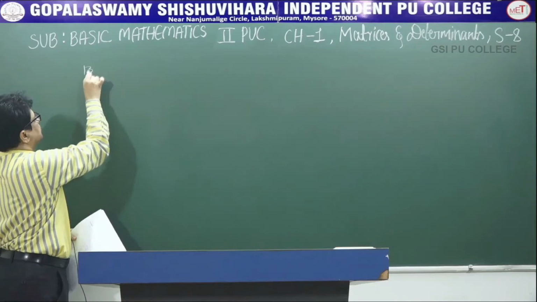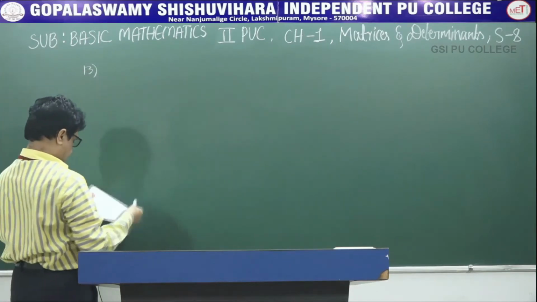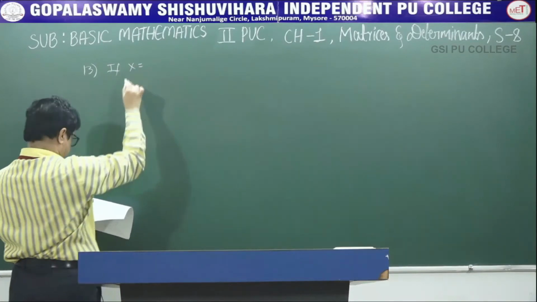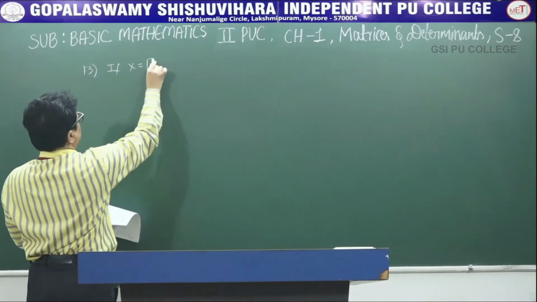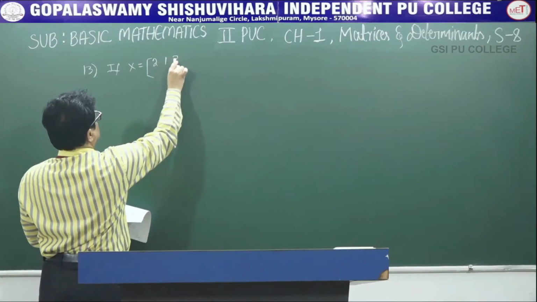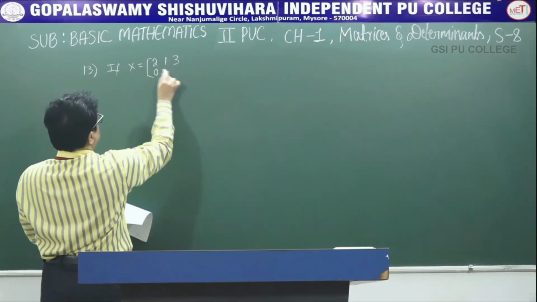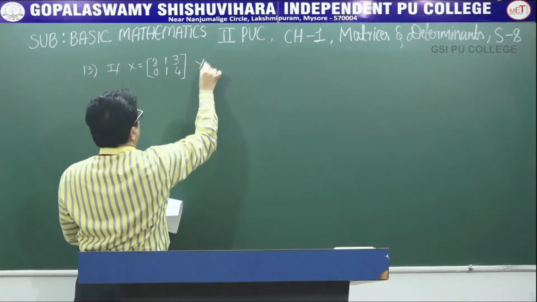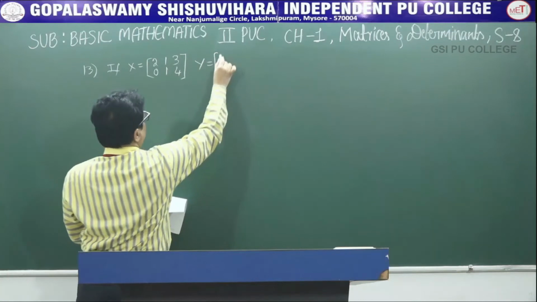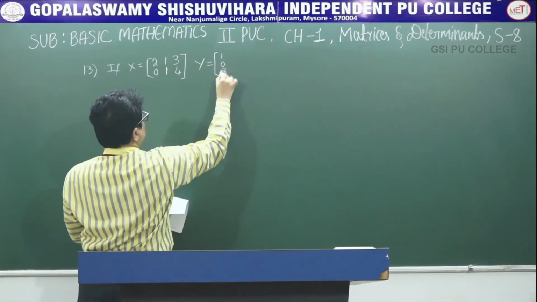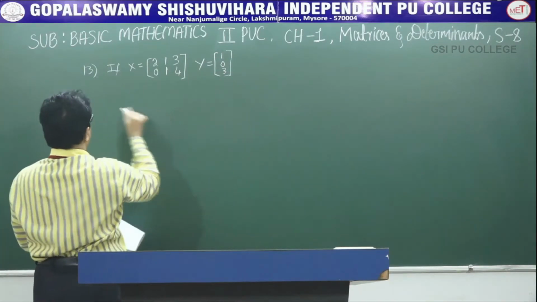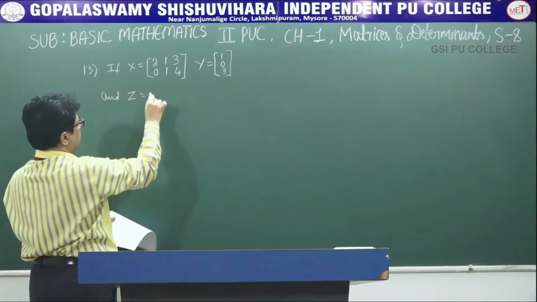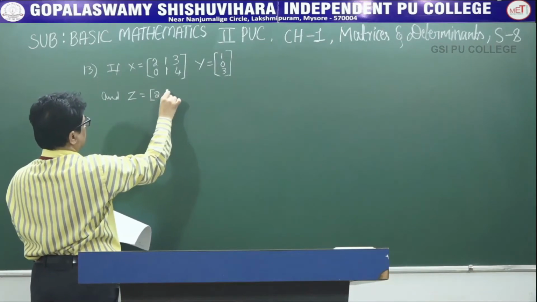Next problem. If X equals [2, 1, 3; 0, 1, 4], Y equals [1; 0; 3], and Z equals [2, 1].